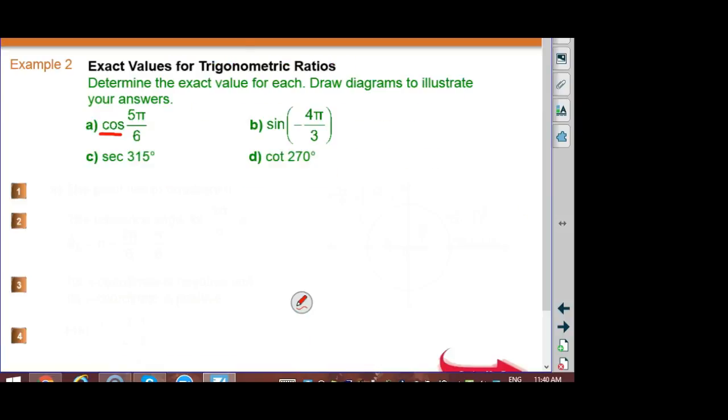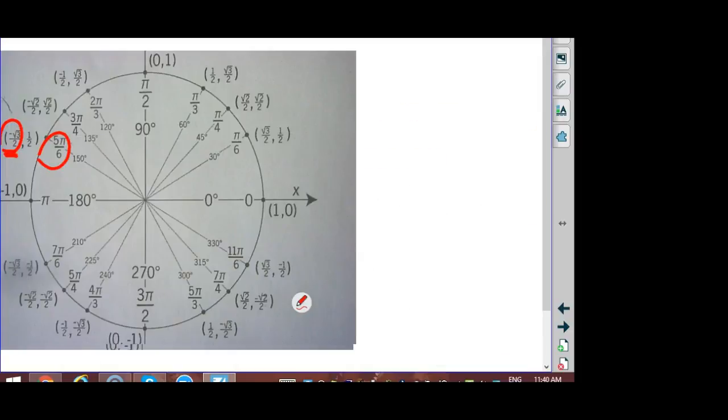Okay, so we can do the same here. Sine, except we have minus 4 pi over 3. The only difference there, let's go to our unit circle, is we would be heading this way around. Since we're looking for negative 4 pi over 3, we're going to go clockwise around.